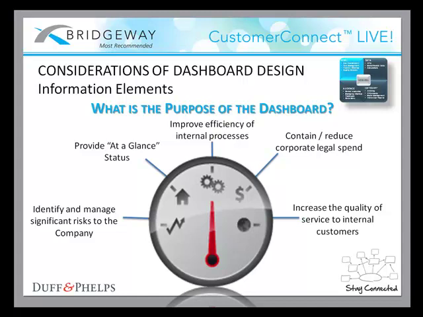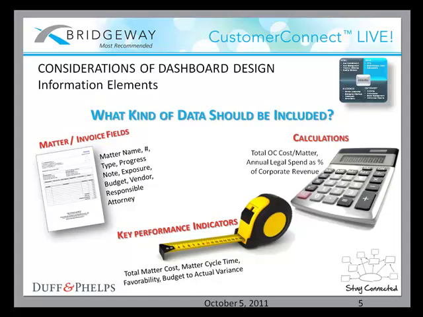And then finally, to increase the quality of your services to your internal customers, this would be similar to your maintenance needed light. It's, again, an important thing, but may not be the most important element to consider to begin. In order to have some of the calculations you want or to include some of the key performance indicators, you may even need to bring other data sources into your dashboard design.